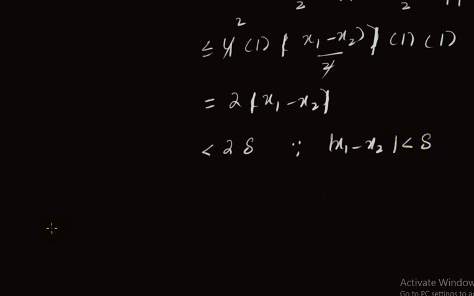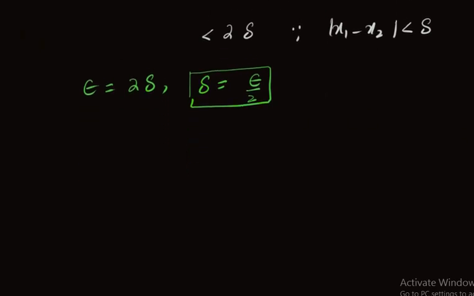Now if we choose epsilon equal to 2 delta, then delta is equal to epsilon by 2. If we use this value of delta, we get a relation in terms of epsilon.